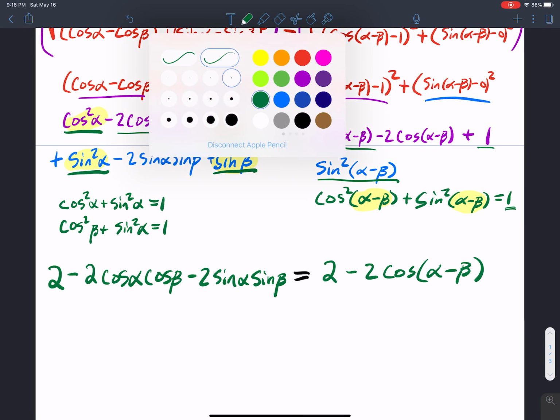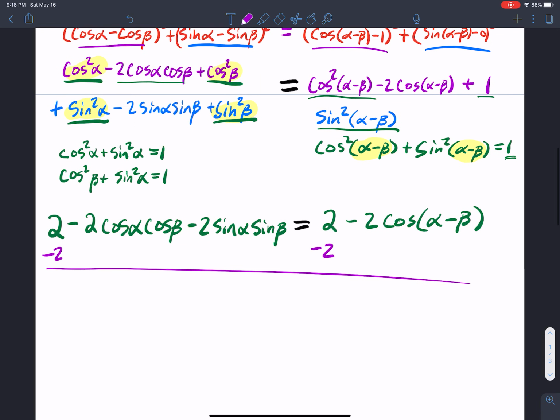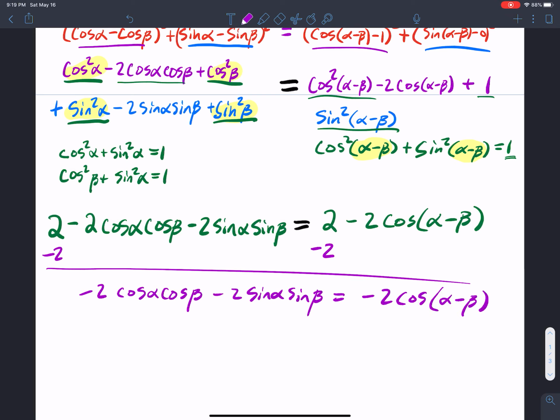Now I'm going to subtract 2 from both sides, so that cancels. So I get minus 2 cosine alpha cosine beta minus 2 sine alpha sine beta equals minus 2 cosine of alpha minus beta. Now, last thing I've got to do is divide everything by negative 2.